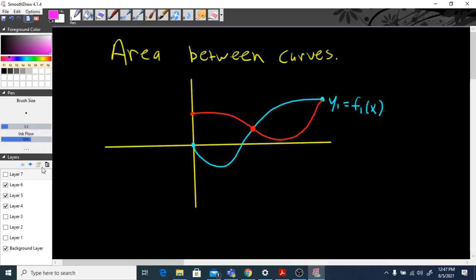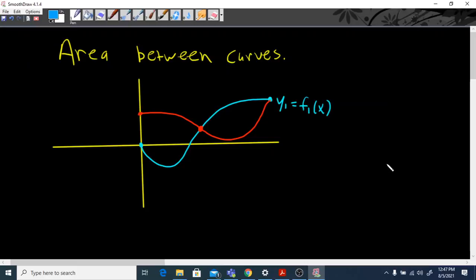Now let's talk about the areas that compose the area that we're interested in. Let me do blue for blue. Let's call this x equal, I don't know, let's do x equal 4.